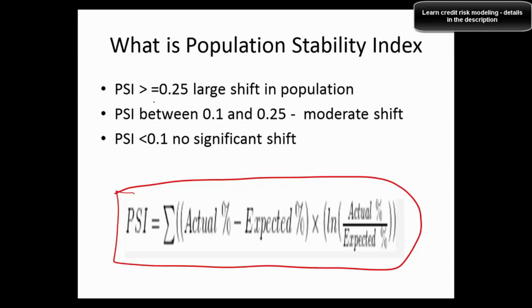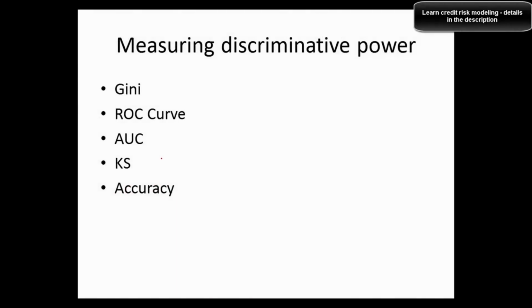If it is greater than 0.25, then there is a large shift in the population. If it lies between 0.1 and 0.25, then there's a moderate shift, and it's still okay, but it has to be monitored properly. If it is less than 0.1, then there is no significant shift. You can go ahead with the use. So how do you measure the discriminative power? Many ways. You can use a number of metrics: Gini, ROC, AUC, KS, accuracy, and so on.